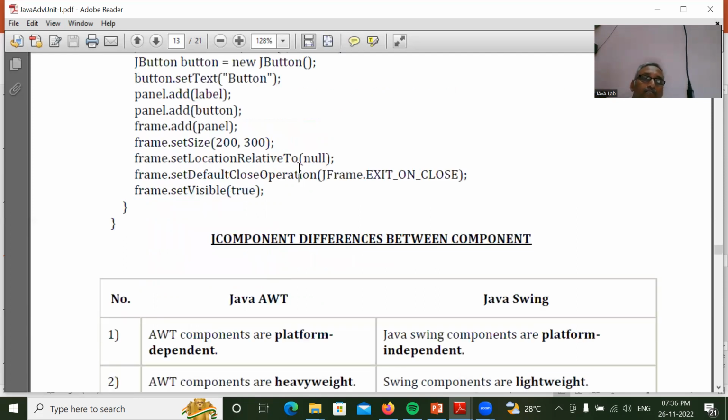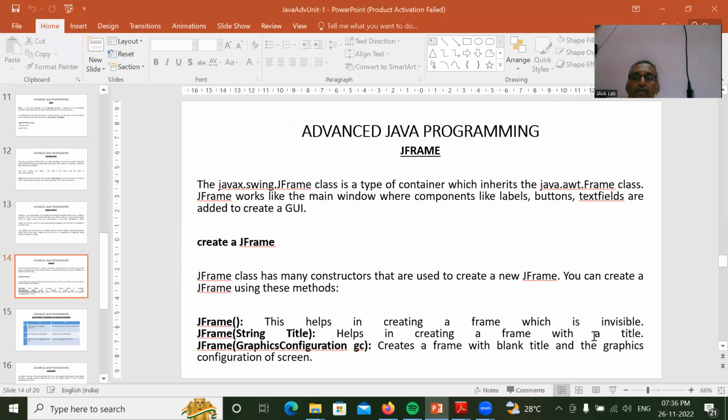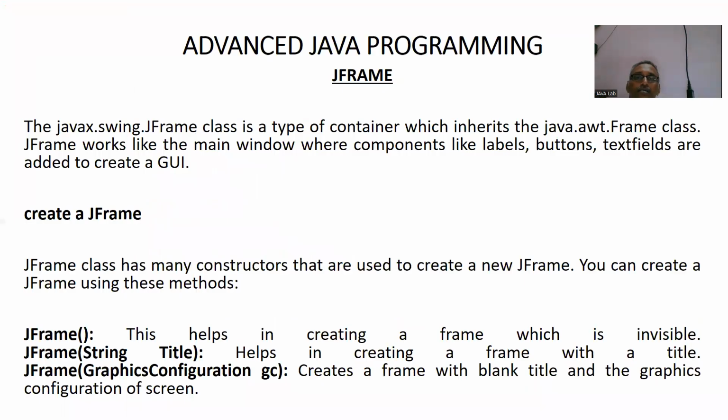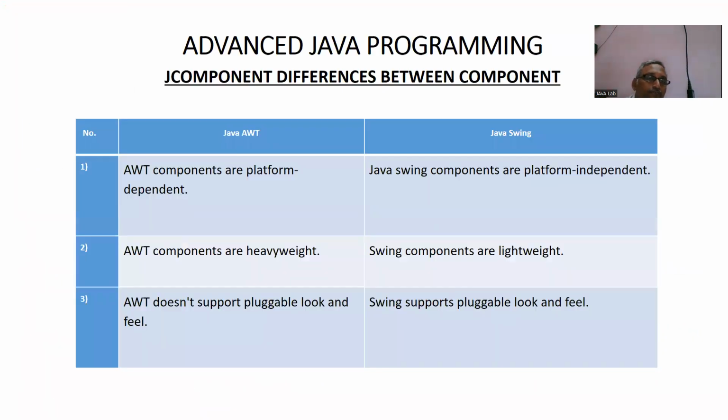Okay. Next, the difference between Component and JComponent. Java AWT, here Java Swing. AWT components are platform independent. AWT components are heavyweight.